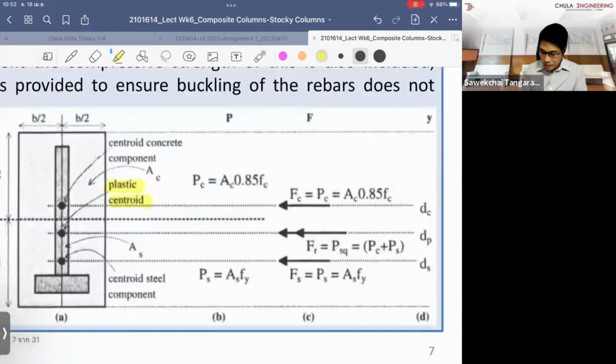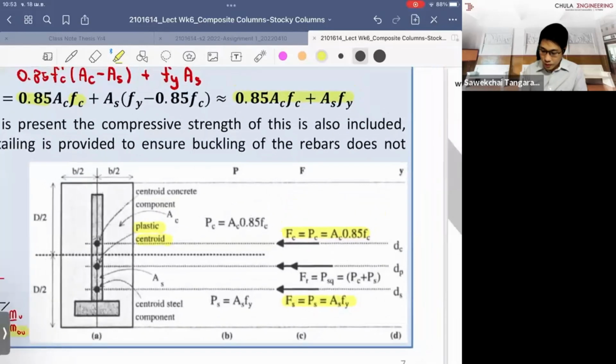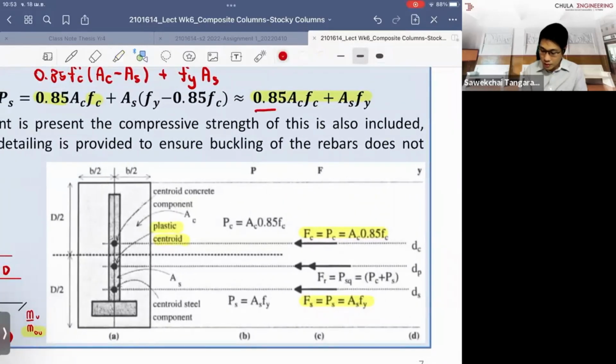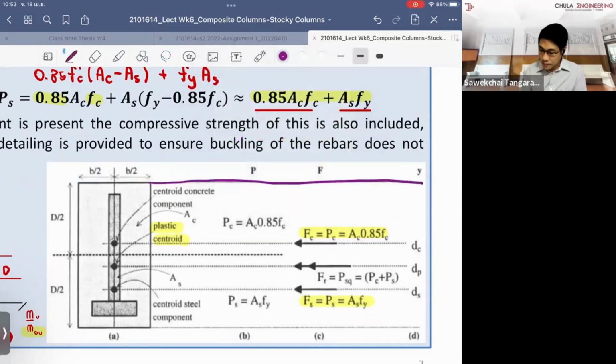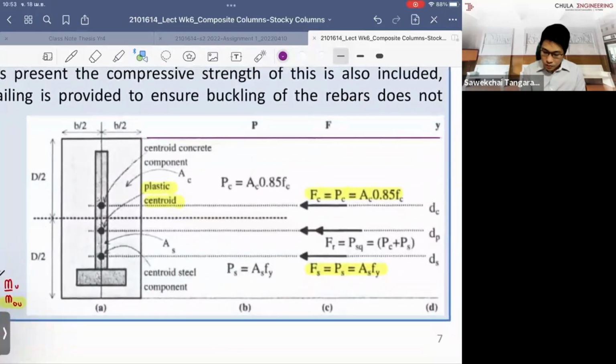We have the force that comes from the concrete and the force that comes from the steel, and you take the first moment of areas from the top surface, using the reference line at the top surface of the column, to determine where the plastic centroid is. Let me explain what this means.